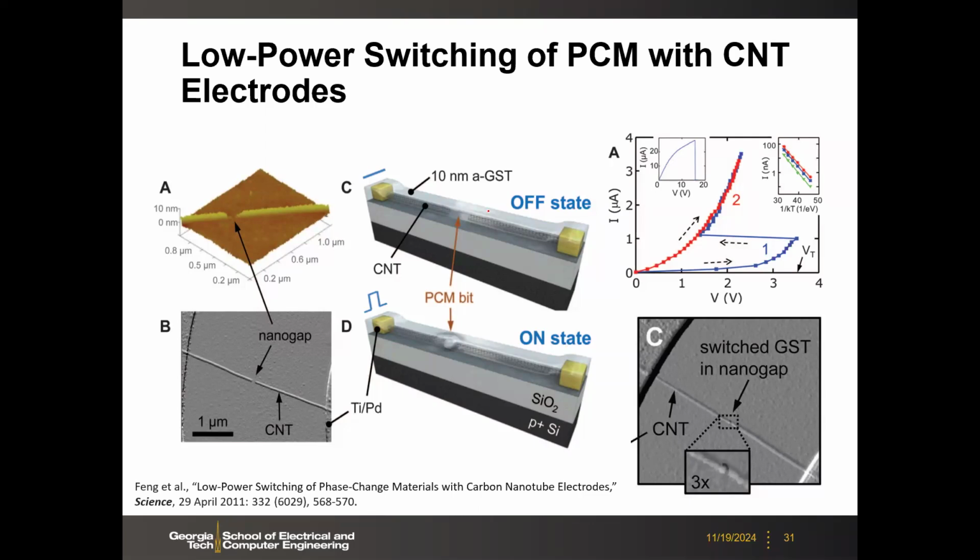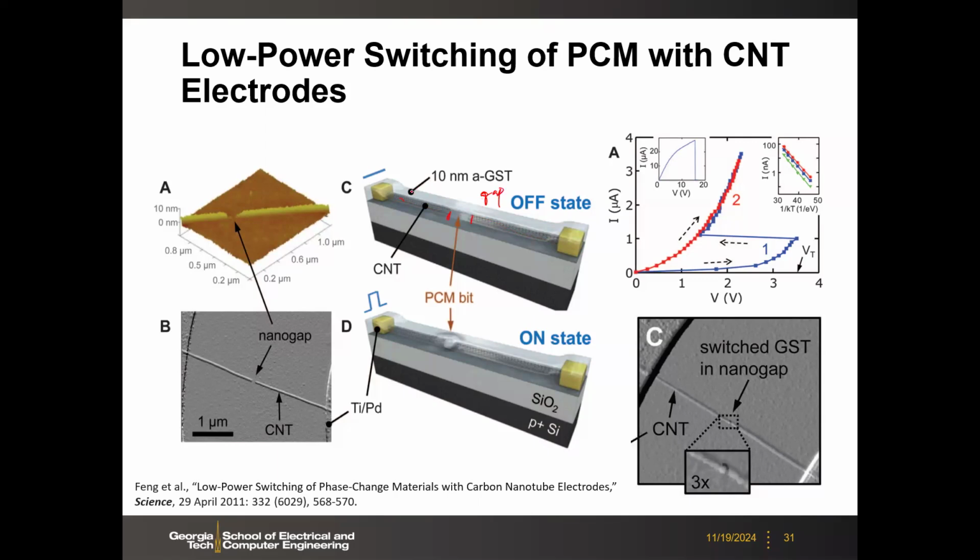So the idea is to build this nano device. You have a carbon nanotube here, and in the experiment you burn the carbon nanotube by passing a large current. The carbon nanotube will be burned, and you create a local gap.